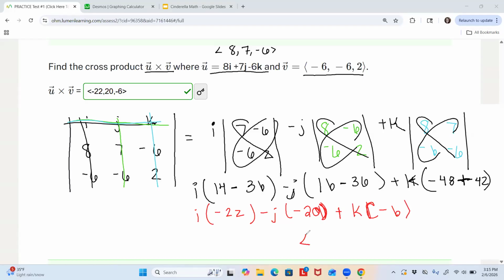So our final answer, the component of i would be negative 22. Comma. The component of j, see how that's negative, negative? So that would actually turn positive 20. And the component of k is negative 6. And you do want to input that in component form here.